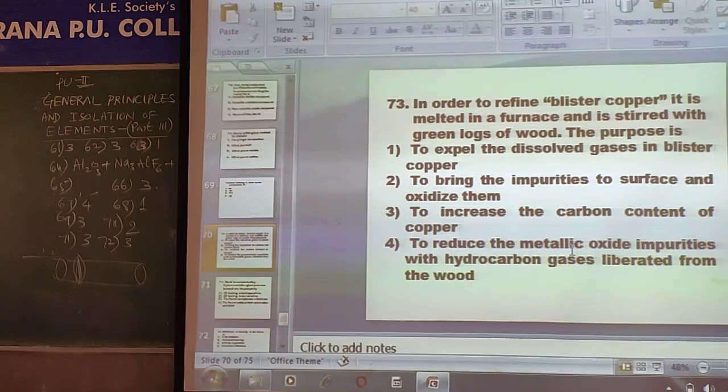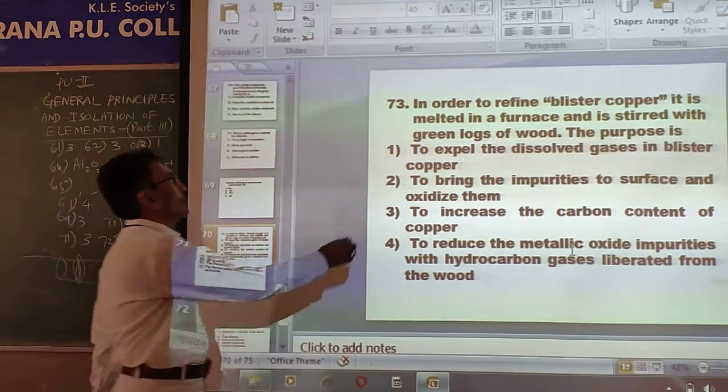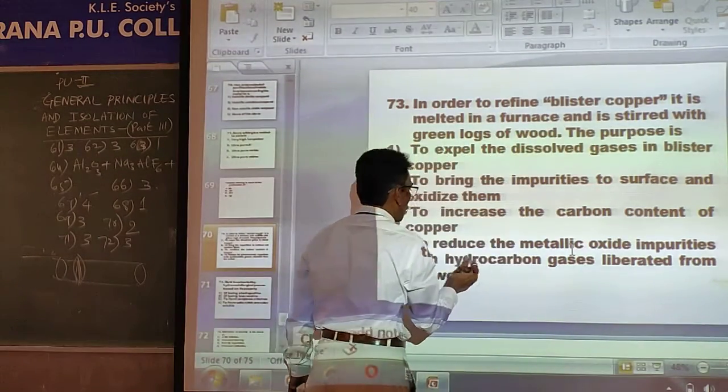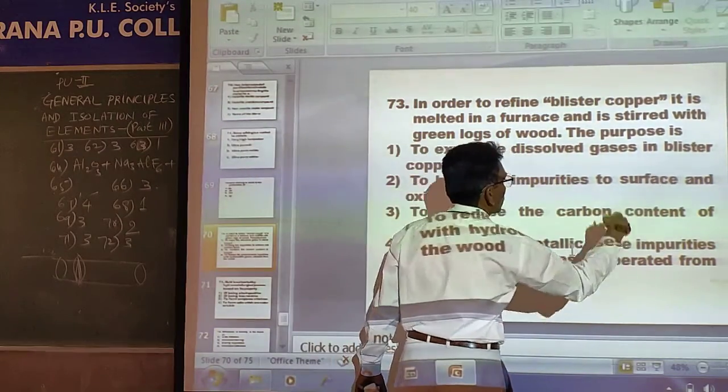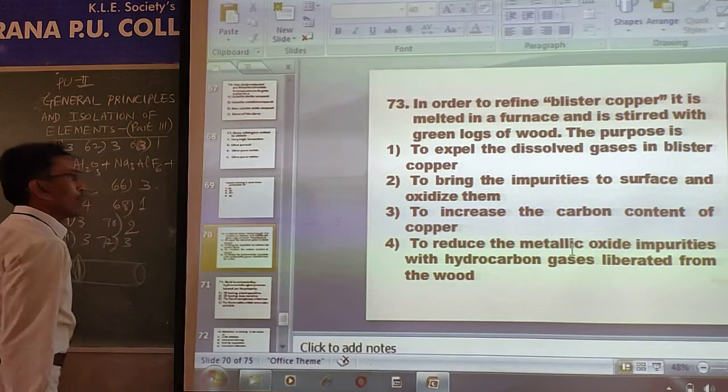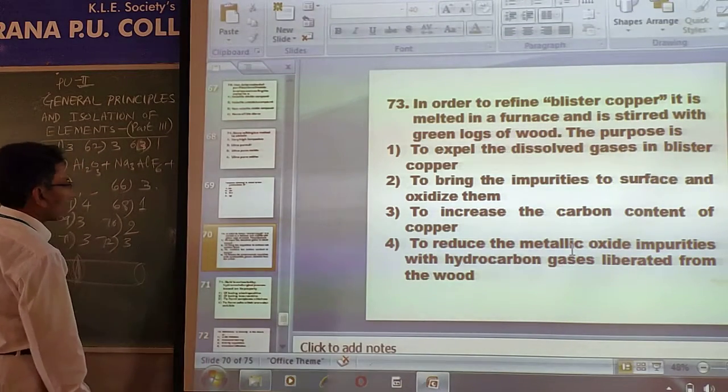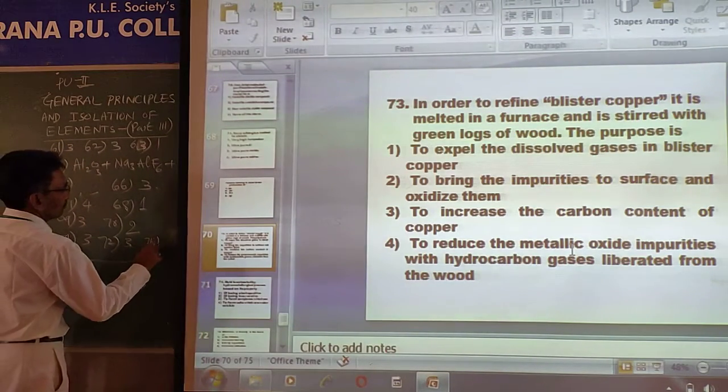Yes, in hot condition the green logs of wood form hydrocarbons. Those hydrocarbons reduce metallic oxides into metal. So that is the main purpose, which is also known as poling, and the fourth one is correct.